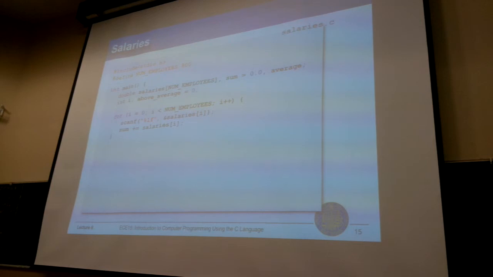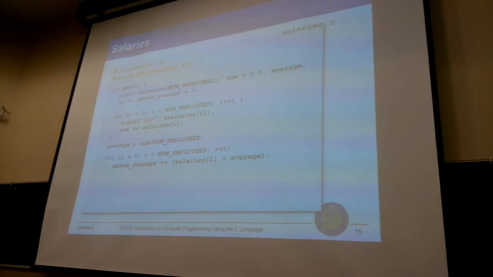Once we're done iterating over 800 entries, we take the average, which is obviously just the sum divided by the number of employees. And then we need to go back through the array to see how many of those elements are above average, right? How many of those salaries are above the average. And again, we do that by looping from 0 to 799.